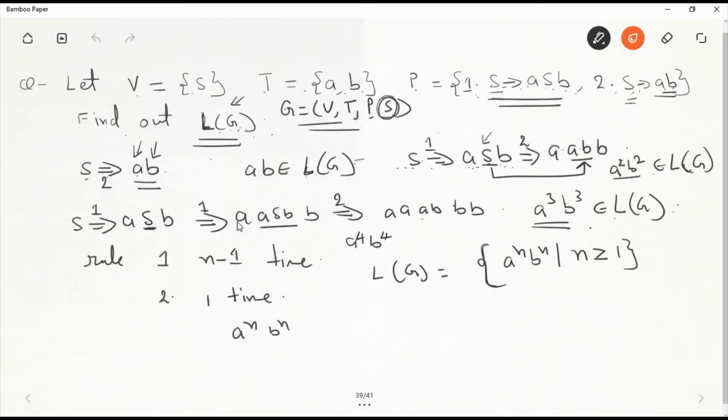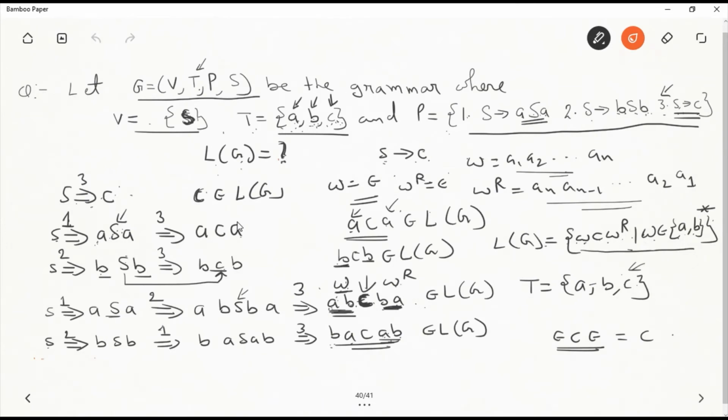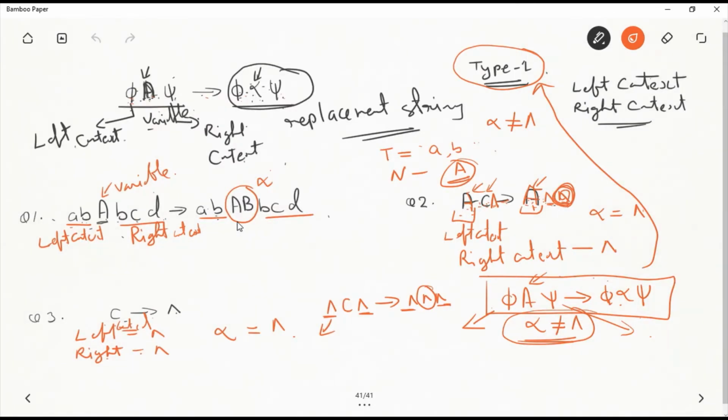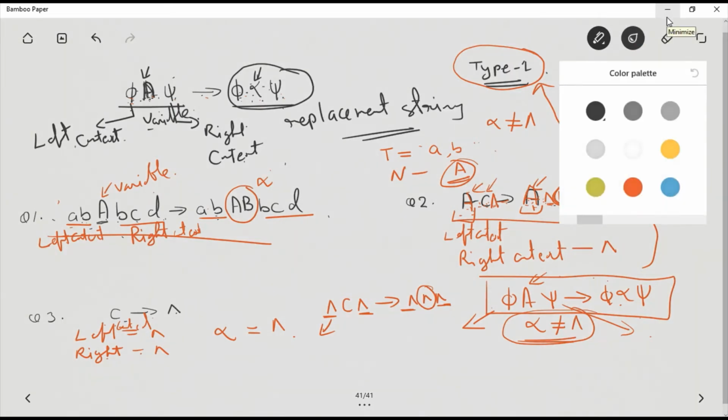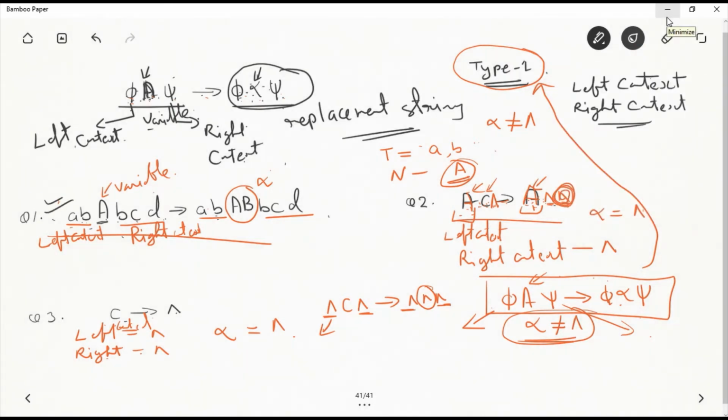So यहाँ जो प्रोडक्शंस आपको दिख रहे हैं, फिर से एक बार देख लेते हैं इन प्रोडक्शंस को। बताइए इसमें कौन सा आपको टाइप वन दिख रहा है। तीन प्रोडक्शन है आपके पास। सर क्वेश्चन नंबर 1। ठीक है, ये हमने कहा phi A psi, phi alpha psi, alpha is not equal to null, that's why this is called as type 1 production.